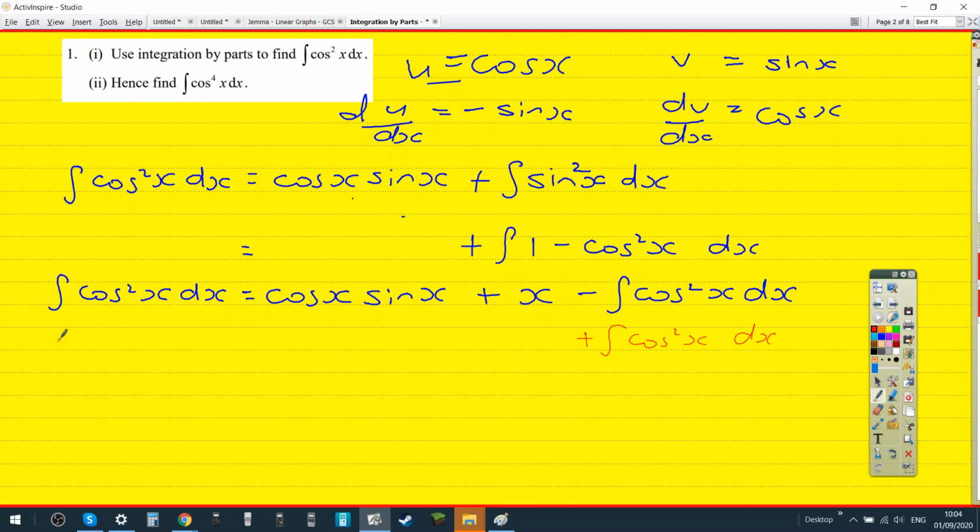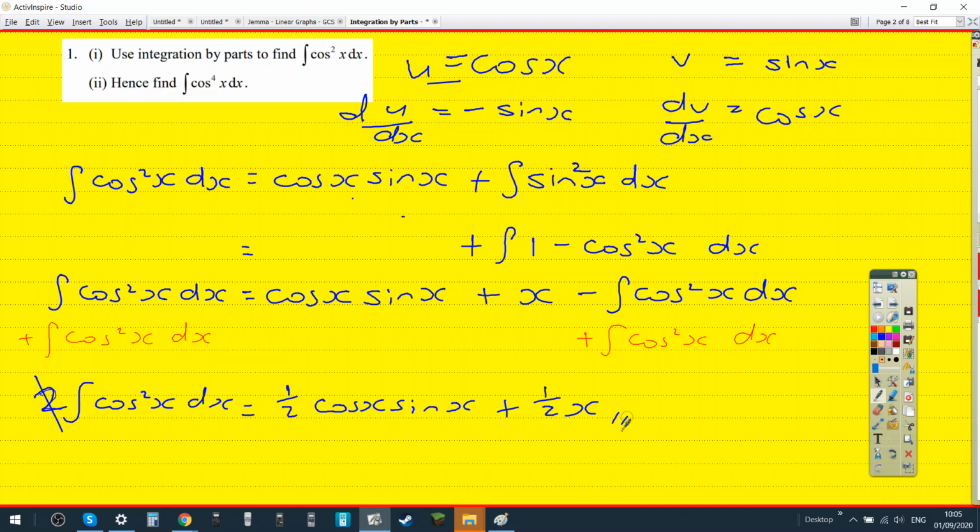So you have 2 cos squared x. 2 times the integral of cos squared x with respect to x is all this stuff. And then you just divide everything by 2. So the integral of cos squared x with respect to x is a half cos x sine x plus a half x, plus c.